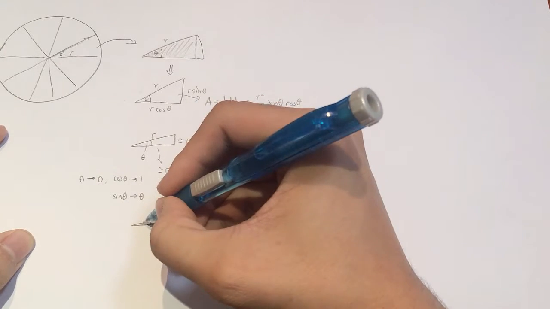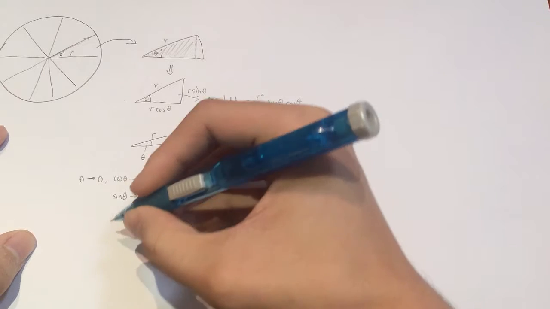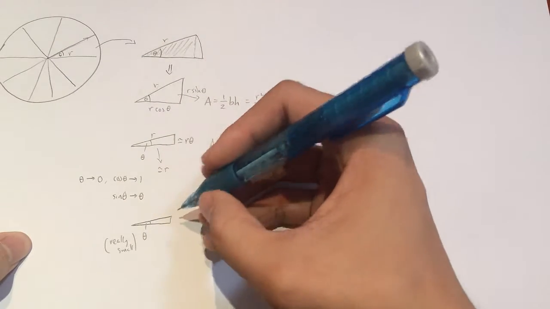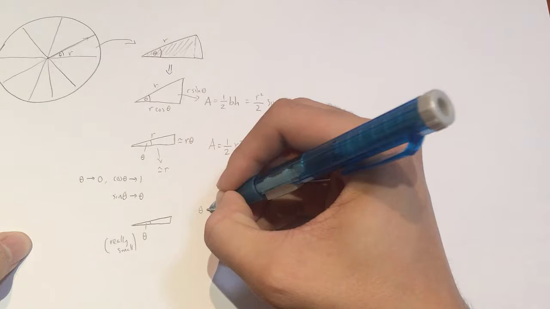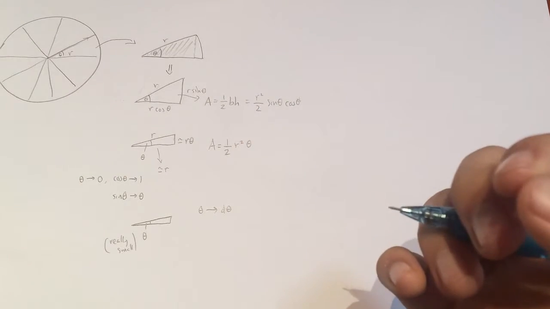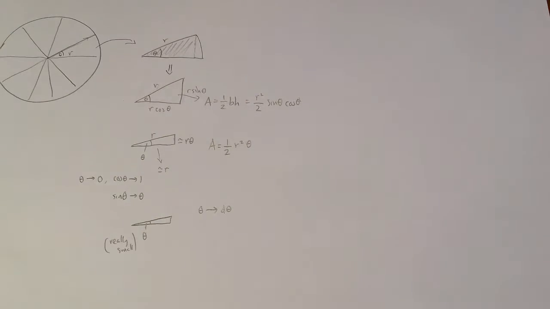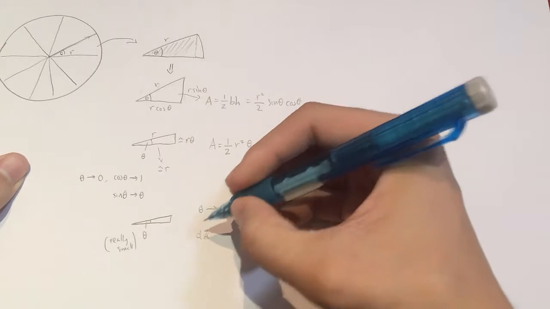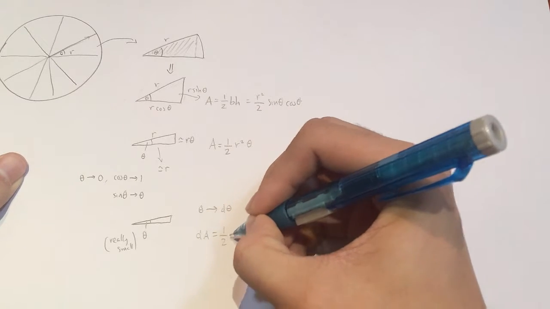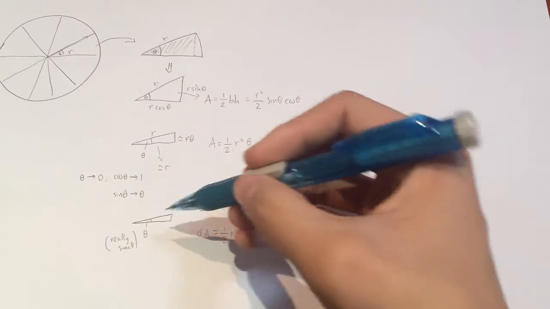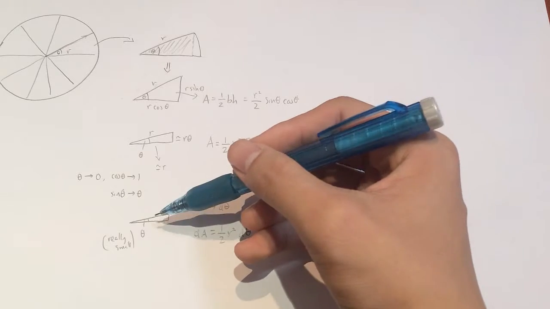So now theta is really small, and as theta becomes really, really small, theta itself turns into d theta, an infinitesimal amount of the angle. The slice becomes so thin. And so the really small area, dA, will equal half r squared d theta. We have worked out the area of each individual small slice.